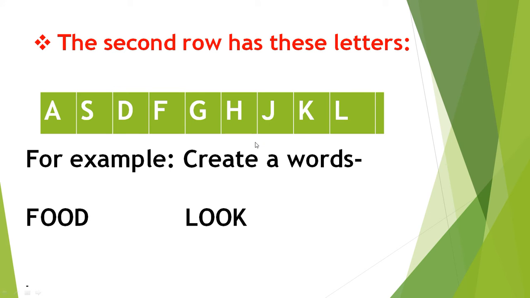Next, the second row has these letters: A, S, D, F, G, H, J, K, L. This is the second row of letters on a keyboard. For example, use the second row to create words.